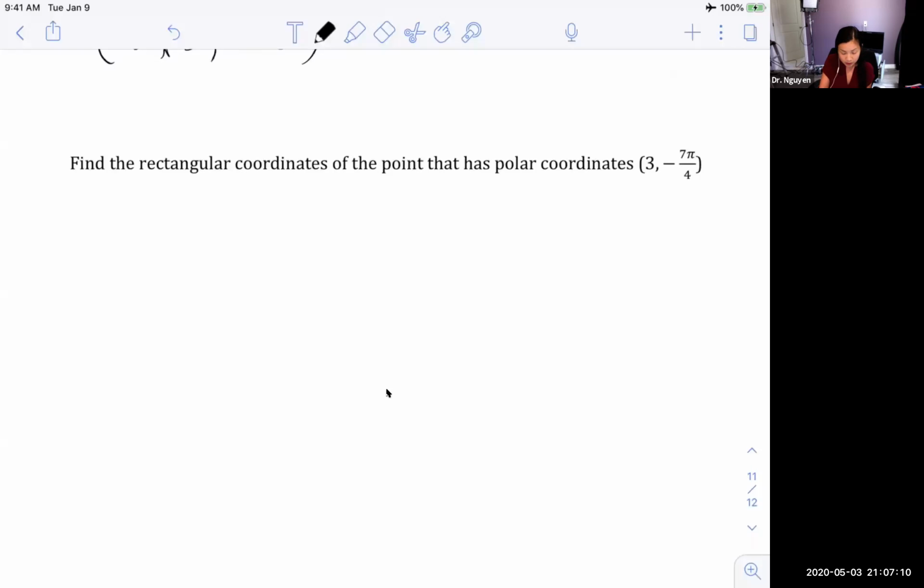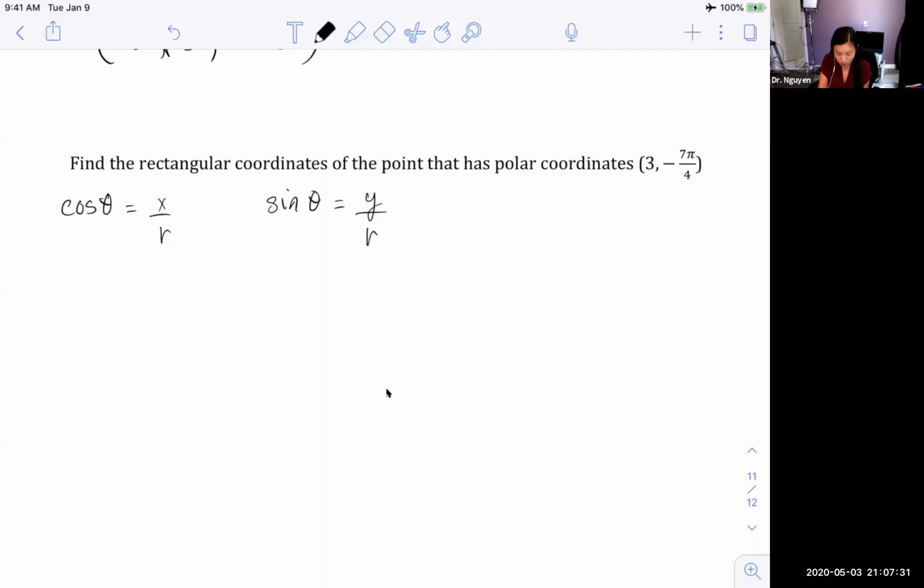Don't forget earlier, we know that cosine of theta is adjacent over r, which is x over r. And sine of theta is going to give me y over r.